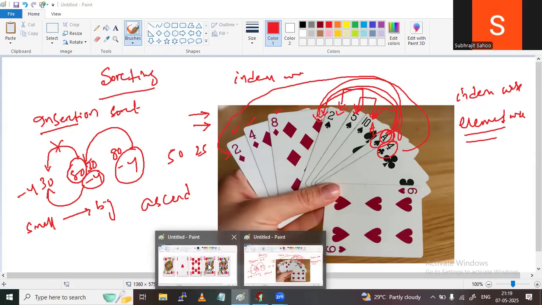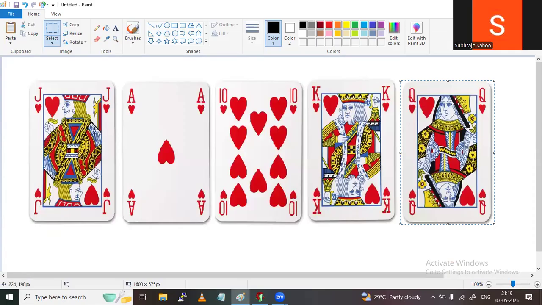Observe here, there is a diagram. Right now it is not sorted. So what I will do, I will take this one first. I will check this one with the left side element. Sir, is it required to swap? Yes, it is required to swap.